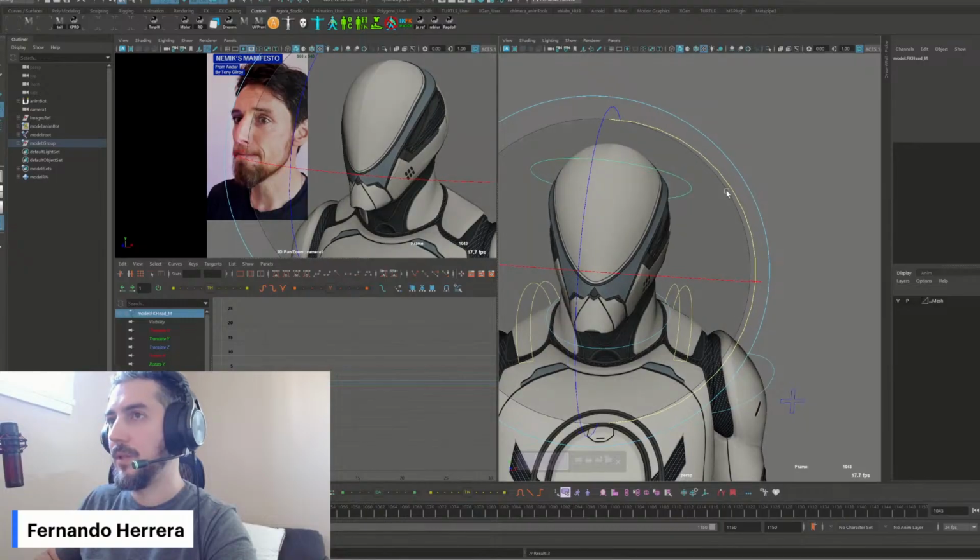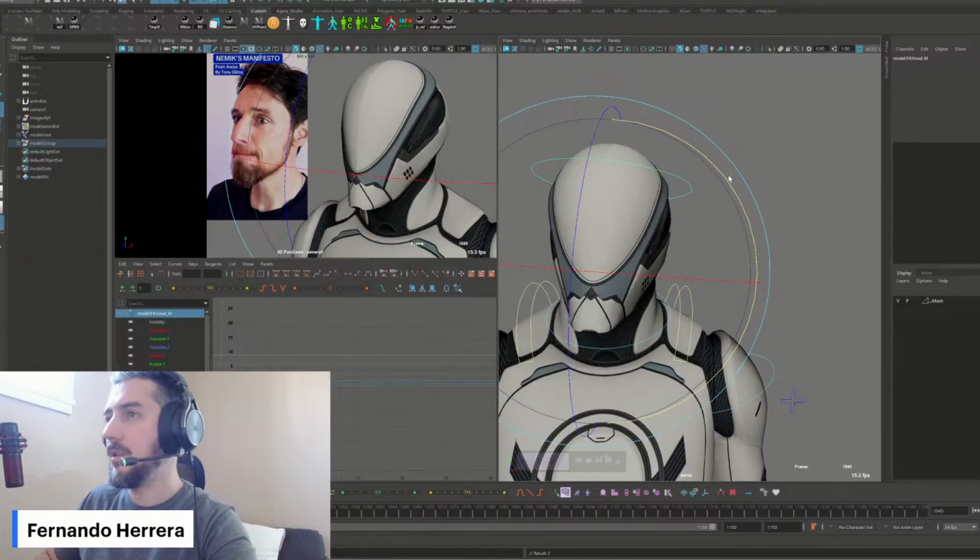So you realize all this head shaking is a bit repetitive. Once I figure out the first one, it becomes easier to navigate through the rest and go faster.